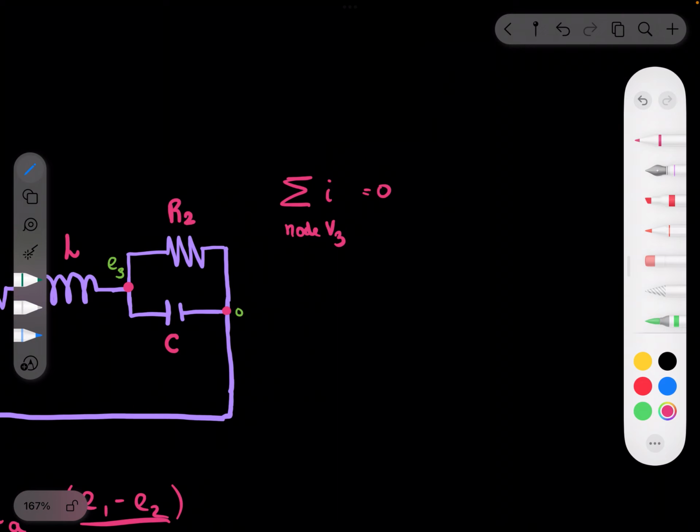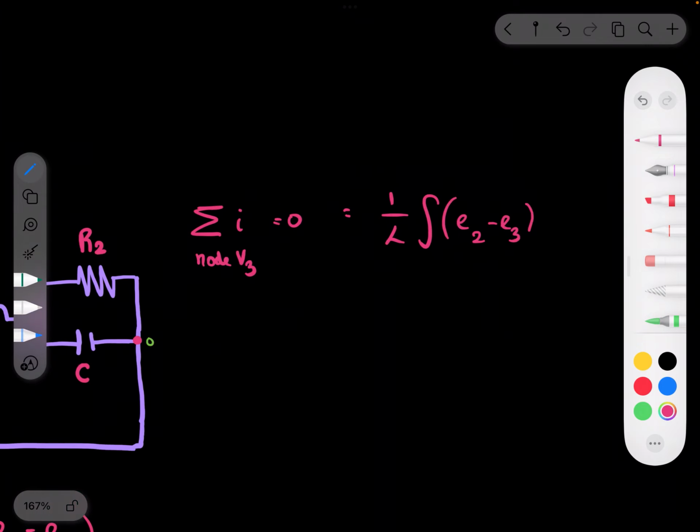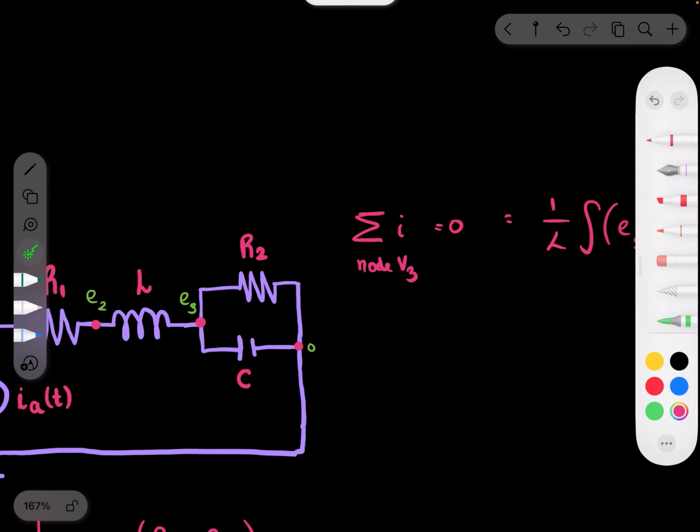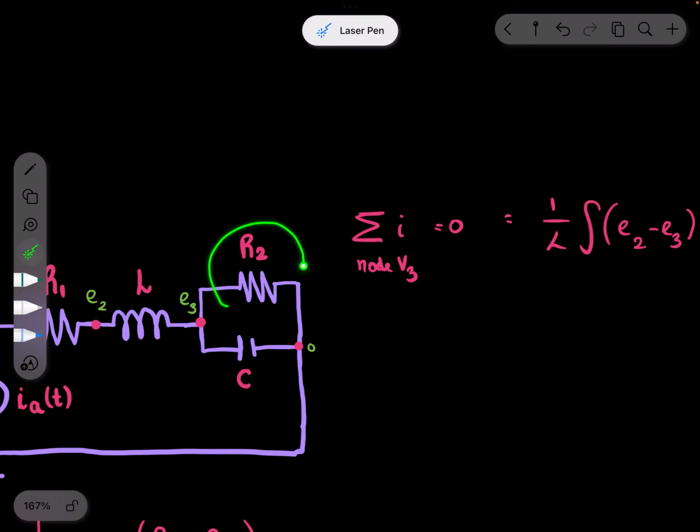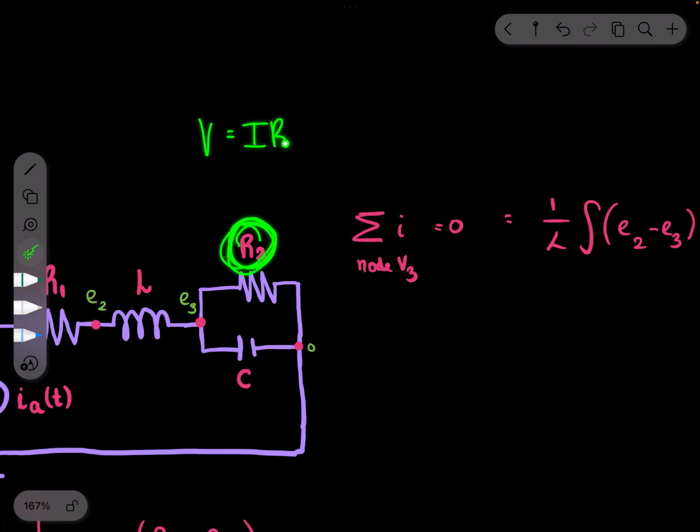So we already know what is going on in the source. We found that previously in the second node. So that's 1 over L, integrate the voltage to get current, from which we have to subtract our consumers. And our consumers are these two. How do we write resistance in terms of current?